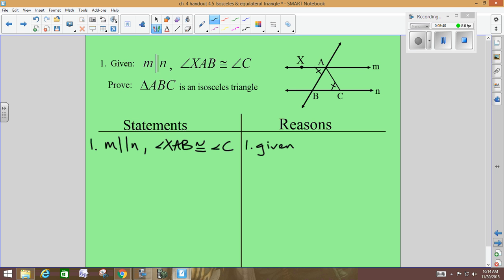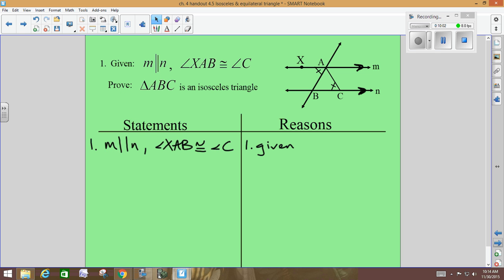M parallel to N. How do we mark parallel lines? The little feathers, yeah, or triangles, whichever one you like more. And then angle XAB congruent to angle C. They already have that marked. We're trying to prove that triangle ABC is an isosceles triangle.